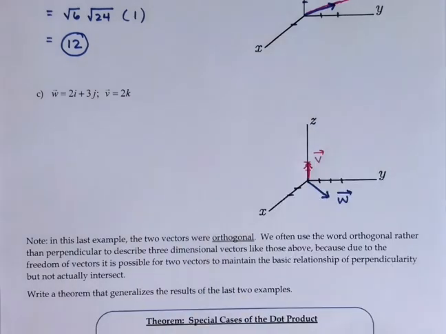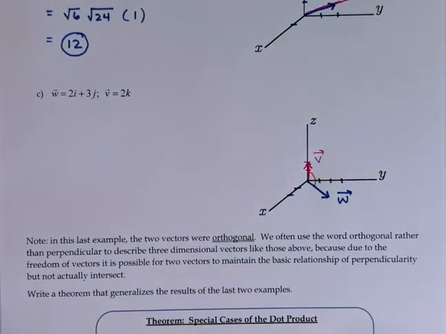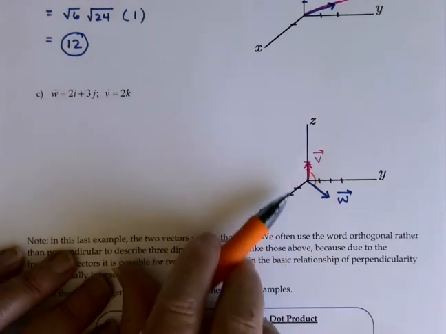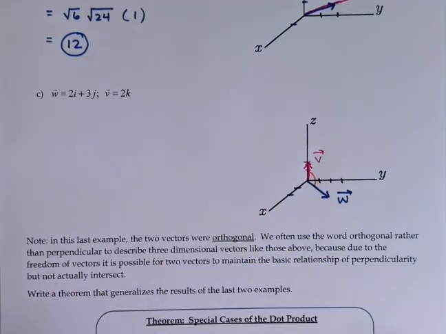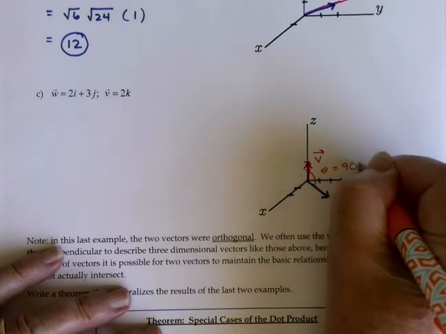There's V. So the angle between these two vectors is going to have to be 90 degrees. Since the Z-axis is perpendicular to the XY plane, any vector on the Z-axis will be perpendicular to any vector in the XY plane. So theta here is 90 degrees.